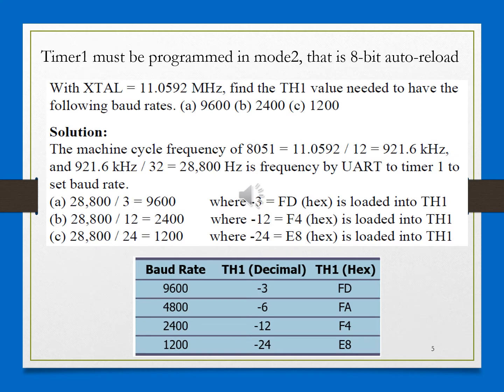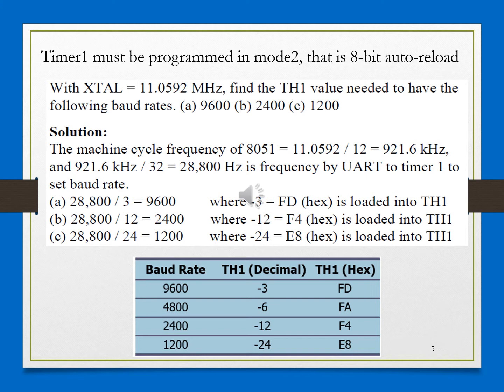So when timer 1 is used to set the baud rate, it must be programmed in mode 2. To get the baud rates compatible with the PCs, we must load the following values as shown in the table below for different baud rates.